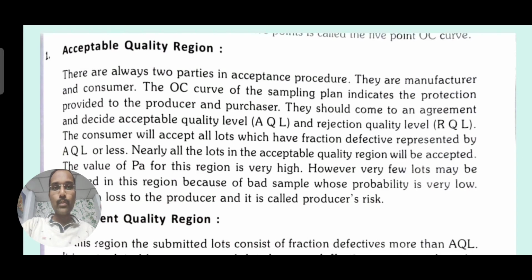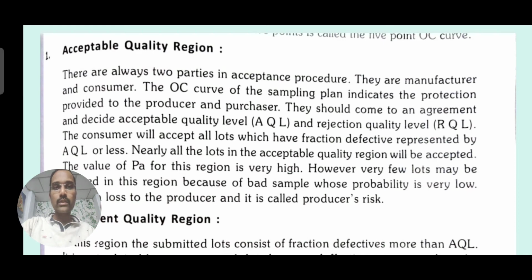It gives protection to the producer as well as the consumer. They should come to an agreement when the defective items fall in this region: the consumer who takes the products and the manufacturer who produces them.